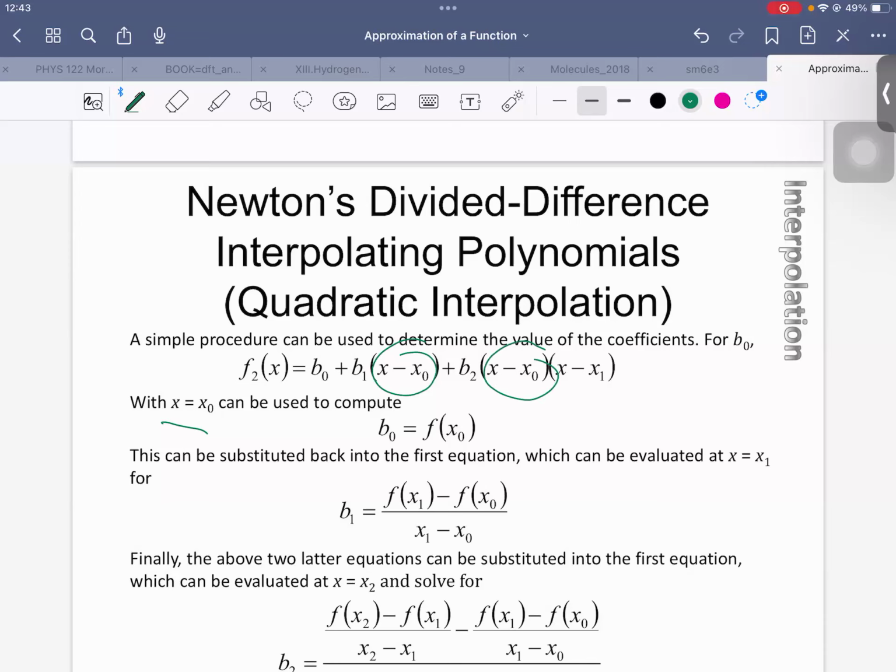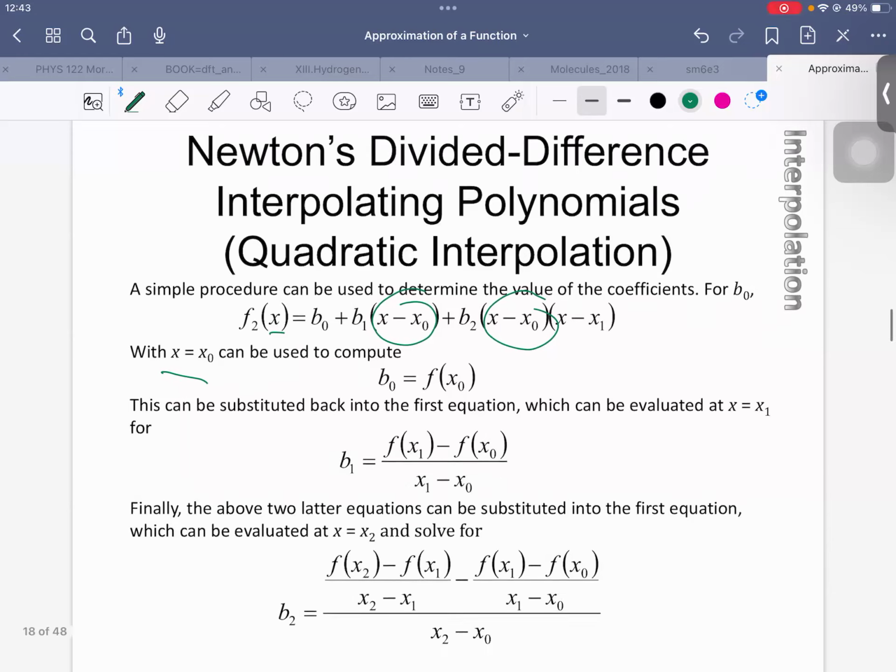So what remains? You have B sub 0 is actually F sub 2 of X0. Now B1, you can get it by replacing X with X1. So this term will vanish because X1 minus X1 is 0. So what remains are the first two terms. You now have values for B1.